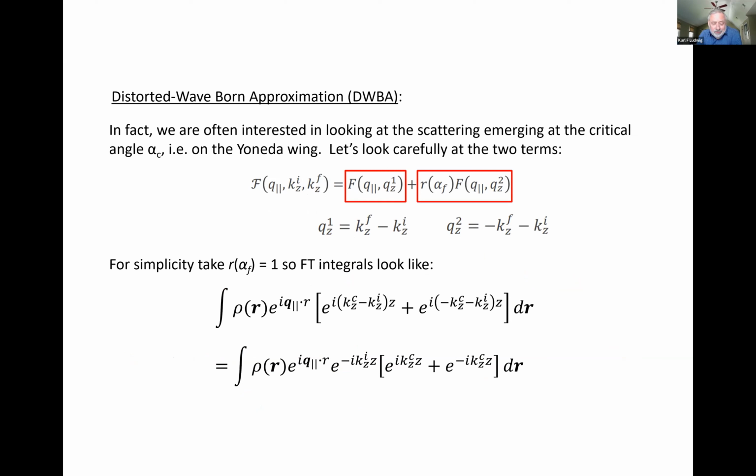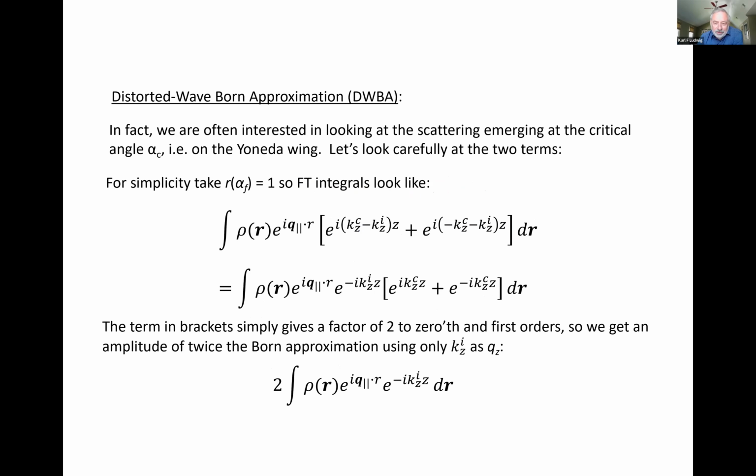Right around the Yoneda wing, if for simplicity you take the reflection coefficient at the critical angle to be 1, these terms combine in a nice way, such that you can pull out an exponential term related to the incoming beam, and then you get simply a cosine term due to the sum of these two complex exponentials. The cosine term involving kz times z, the surface height, to first order is just 1. And so, of course, you get the well-known factor of 2 coming into play, but you get a very simple expression.